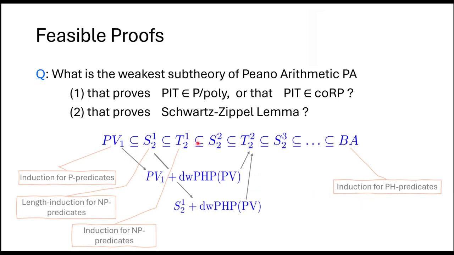Now here we will also work with these theories extended with an important axiom, which is DWPHP, which stands for the dual weak pigeonhole principle for PV functions. PV is the set of all possible polynomial time functions defined in an axiomatic way via Cobham recursion.